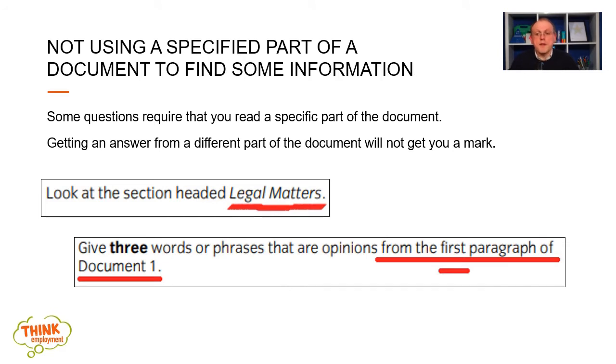Give 3 words or phrases that are opinions from the first paragraph of document 1. So if you look at any other paragraphs, you will not get a mark. Even though you find an opinion in paragraph 2 or in paragraph 3, you will not get a mark because you have to find the opinion in the first paragraph of document 1. Nowhere else.